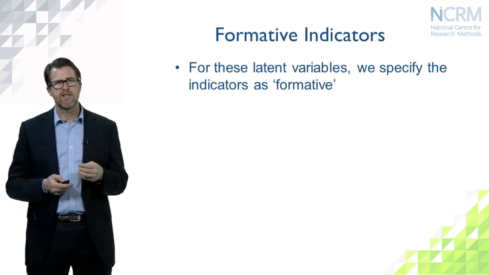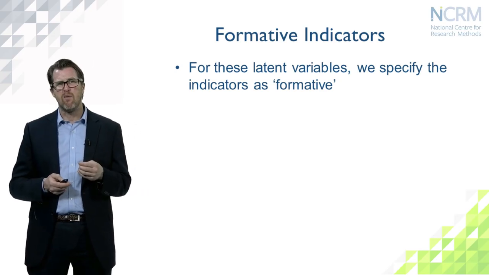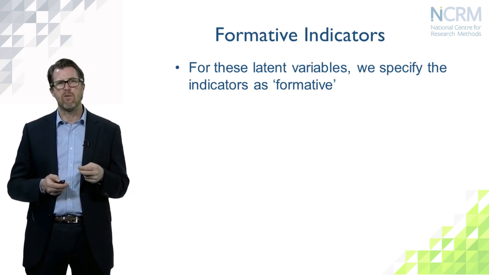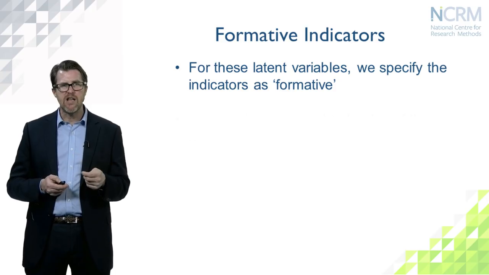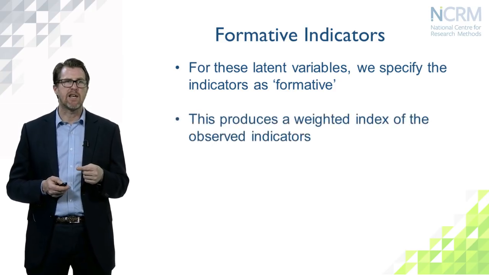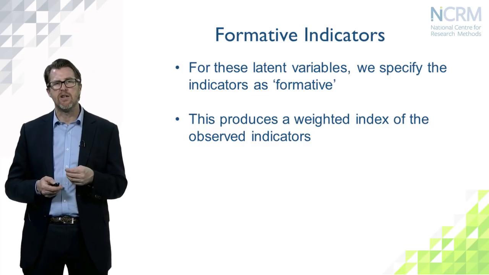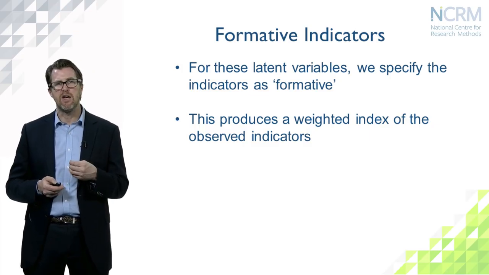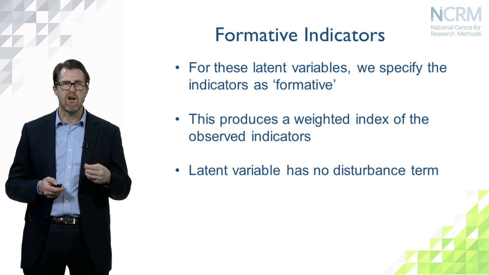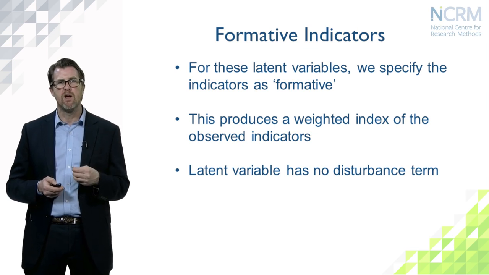Now, as I said, it's a different sort of latent variable now that we're dealing with. It's essentially a weighted index of the observed indicators, and it doesn't have a disturbance term. There's no error in it. So it's not the same kind of variable as we would have with a reflective indicator.